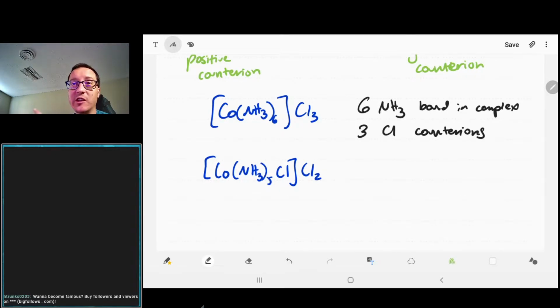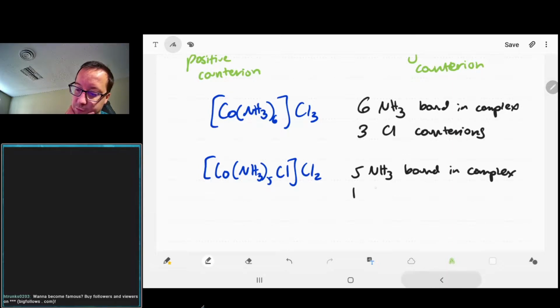However, if we change up our conditions, we might end up with a different complex. Whereas this one has 5 ammonias that are bound in the complex. We have 1 chlorine bound in the complex. And then we have 2 chlorine counter ions.